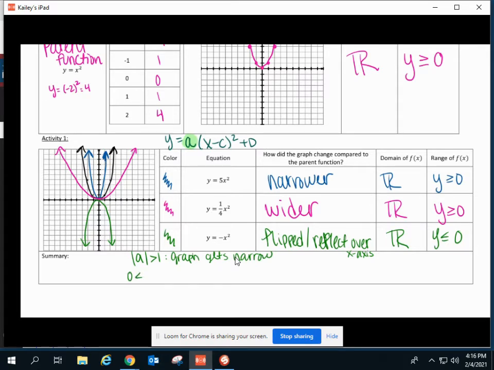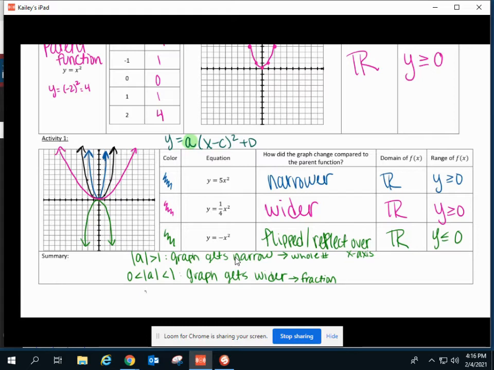If A is a fraction, or if it's in between 0 and 1, the graph gets wider. So this one on the top was if A was a whole number. This one is if A is a fraction.